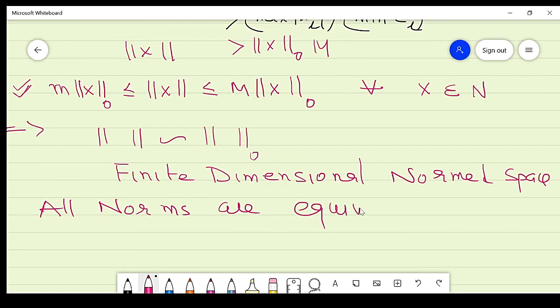So this is a very important result. All norms are equivalent. So remember that result. This is a tough theorem. So do it 3 to 4 times, then you will understand the entire theorem, right? So for a finite dimensional normed space, all norms are equivalent. So this is also a very important result for a university examination.